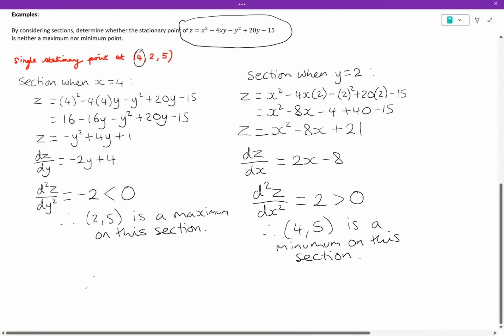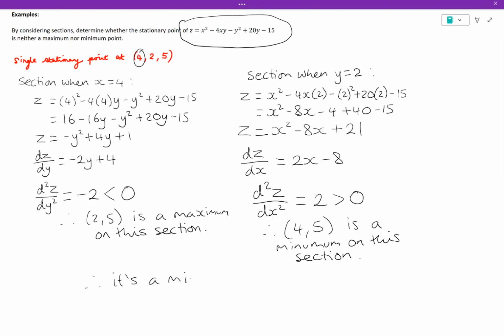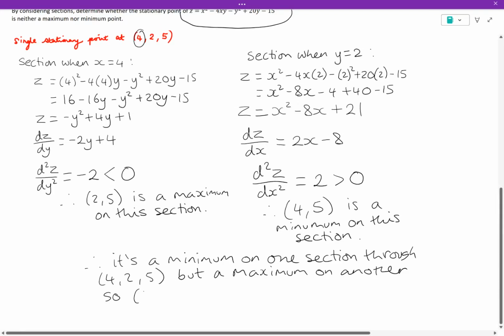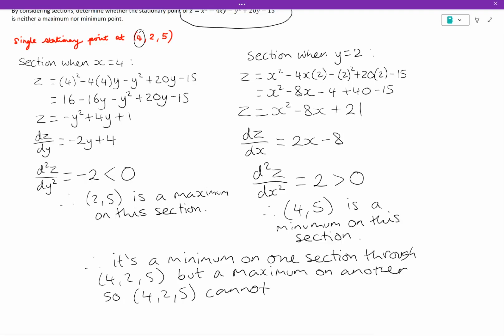We can say, therefore, it's a minimum on one section through 4, 5, but a maximum on another. So 4, 5 cannot be a maximum or minimum on the surface.